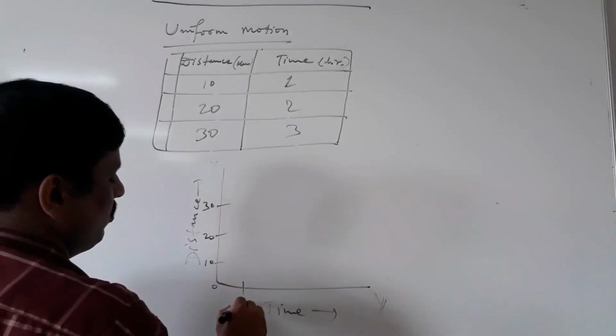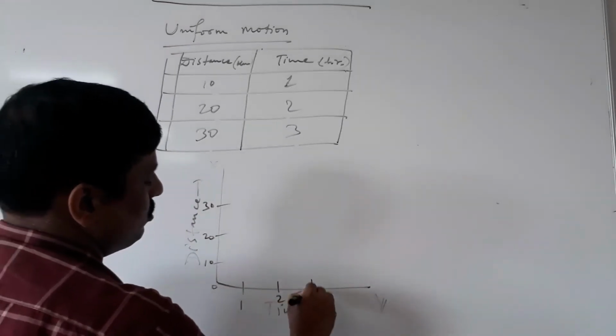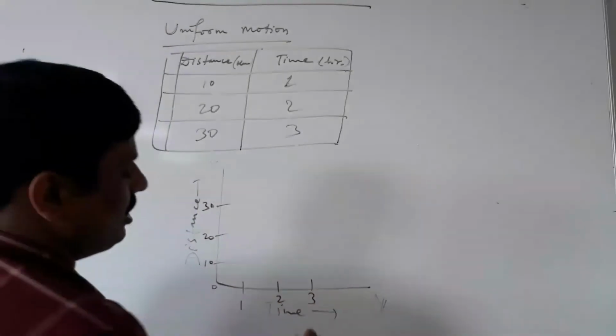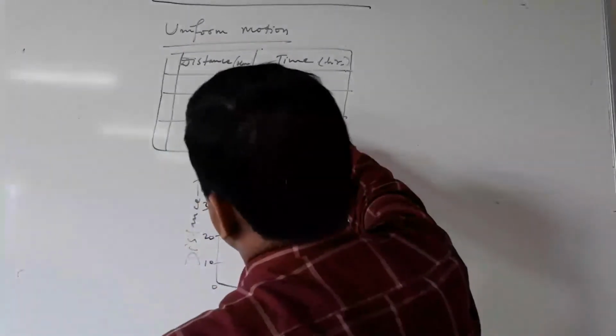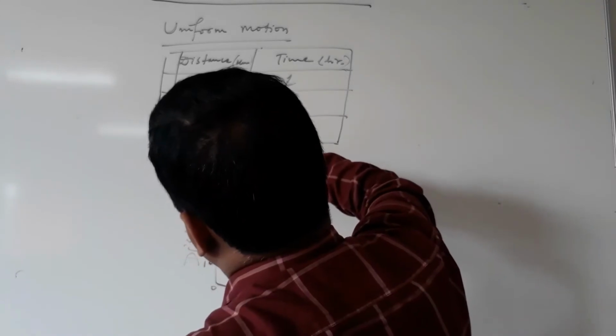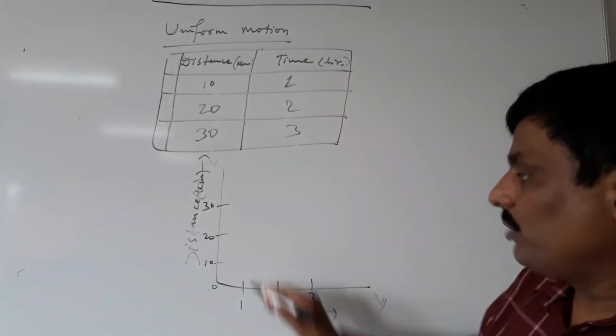This side 1, 2, 3. Time in hour, you must mention the unit also. Distance in kilometer. Must show this one. For this uniform motion, what will be here?